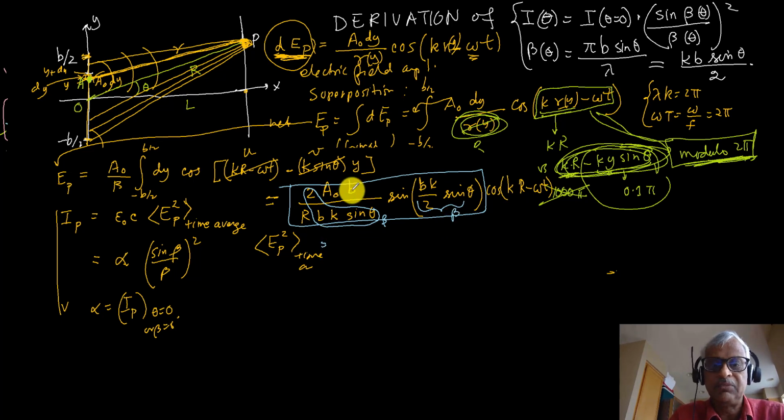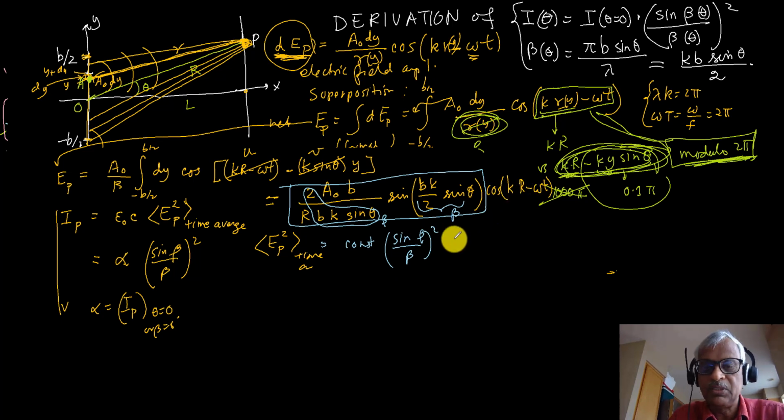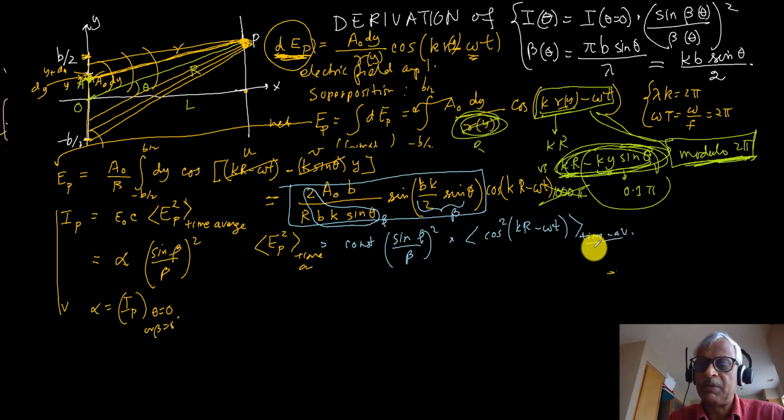So you can see that some constant times sine beta over beta square, and there's no time here, and so this is going to be times the time average of cosine square of kr minus omega t. So how do you do the time average of this thing?